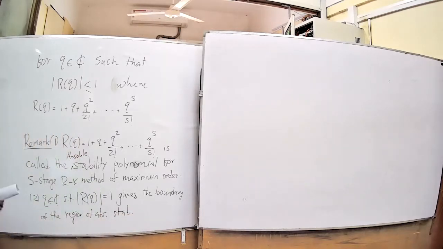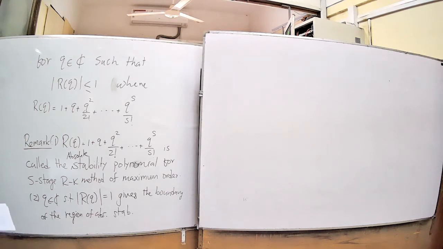Right. So in this case, the region of absolute stability is the set of all q such that the absolute value of r(q) is less than or equal to 1. So equal to 1 is obviously the boundary of the region, right? If you want to find the region, basically you have to find the boundary, and then everything inside that boundary will be the region, including the boundary.